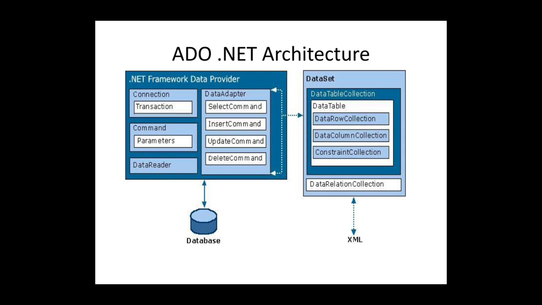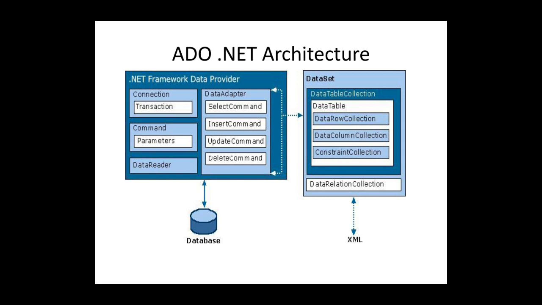First of all, it establishes a connection using connection class and passes the query to the database using command class. And results of these queries are passed back to the application. Data adapter and data reader are two classes which are used in disconnected and connected architecture respectively.